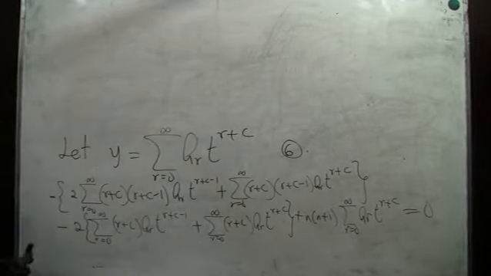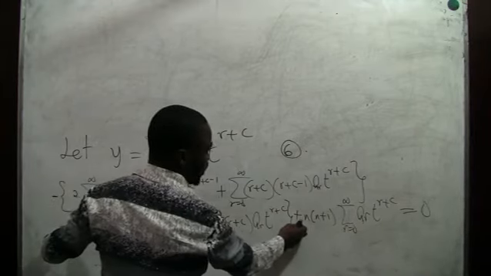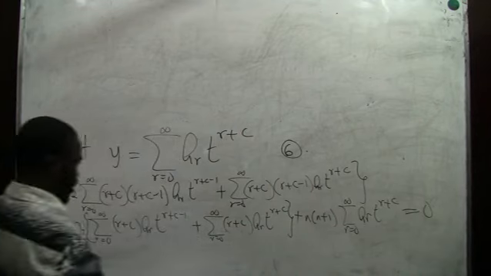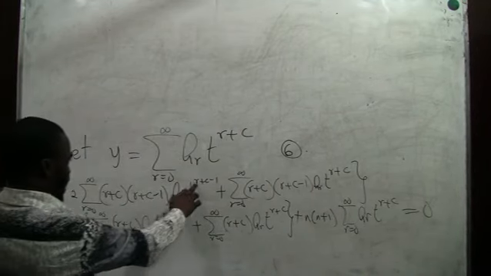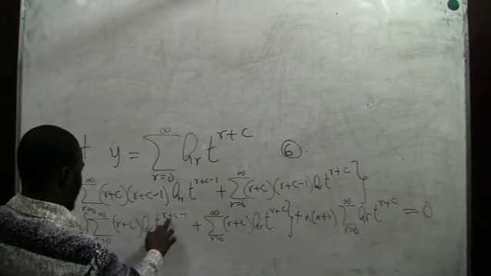By so doing, if I multiply all through by -1, this negative cancels out, this cancels out, this becomes negative, and we have same power, r plus c minus 1 here, r plus c minus 1 here. Others are r plus c. So let's bring them together under the same summation. For the first one, summation r from 0 to infinity, the negative cancels out here.